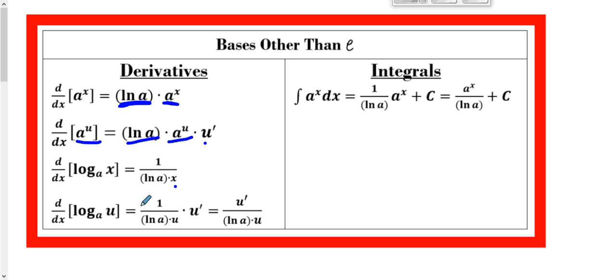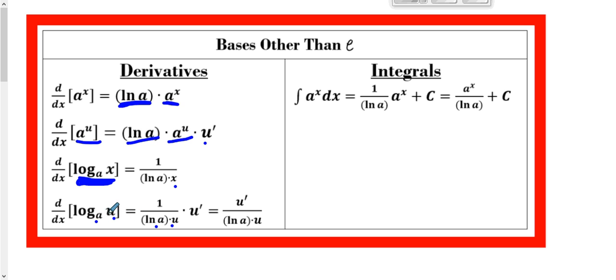Okay. I know these look like a lot, but the more that you use them, just like everything else, you'll become more familiar with them. It'll be easy to remember. Mostly these are multiple choice, so it's really just recognition. You can do this. So you have log base a of anything else. What if it was log base a of x squared plus 2 again? You would need to be able to take the derivative of that. So you still have ln of a in the bottom with what you see, u.